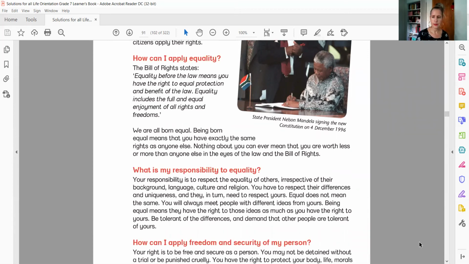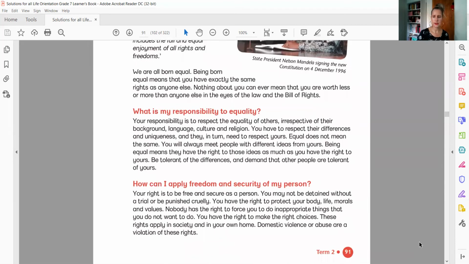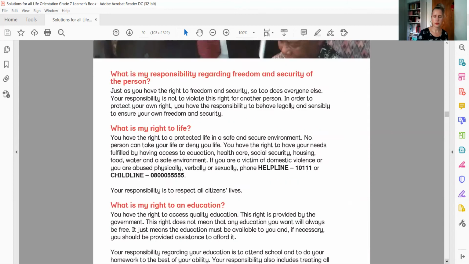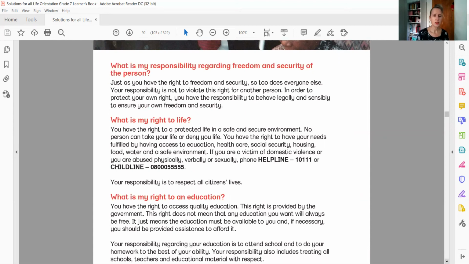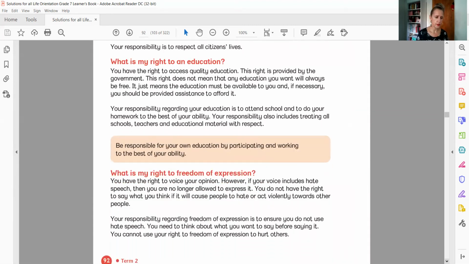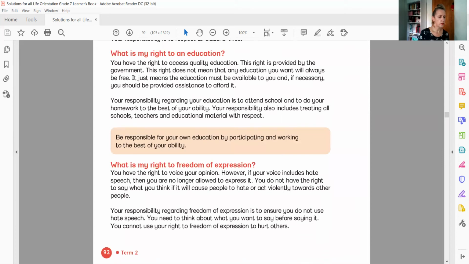Okay, so I'm going to skip past these and just have a look there. These are the paragraphs that you're going to read about the different rights. So what I want you to do is from page 91 to 94, I want you to write a sentence for each of the rights that I'm going to show you.